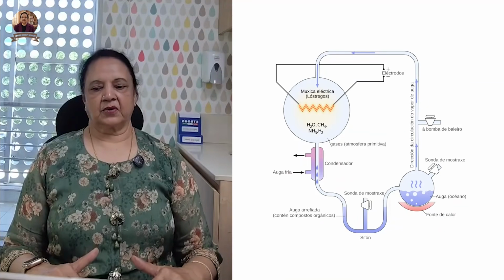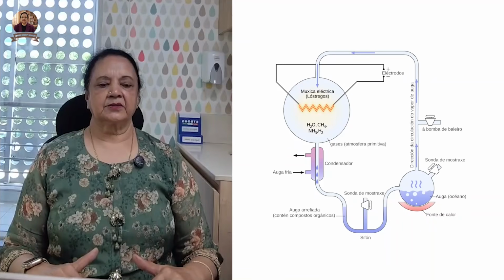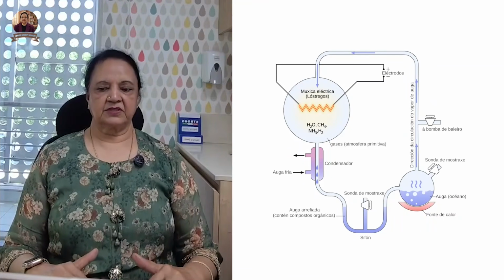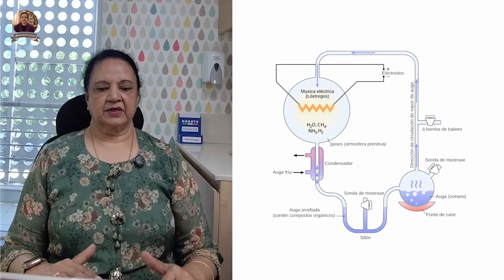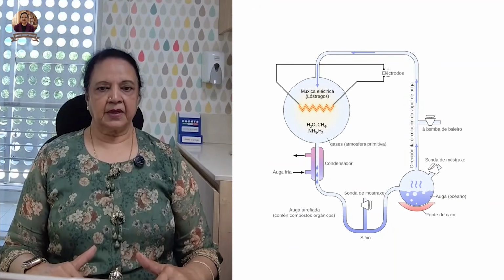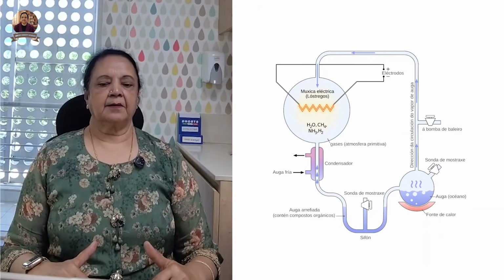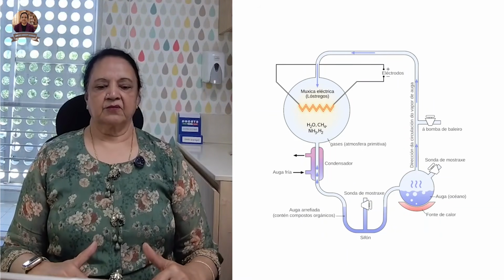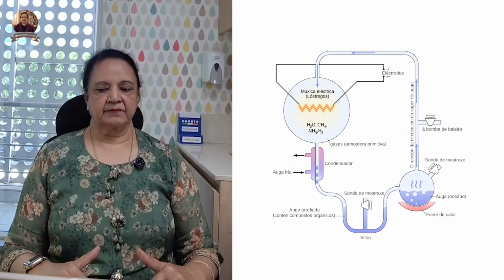Then, support for chemical evolution. It strongly supported the theory of chemical evolution, which proposes that complex organic molecules could have formed from simple inorganic molecules on Earth, creating a primordial soup from which the first life forms eventually emerged.